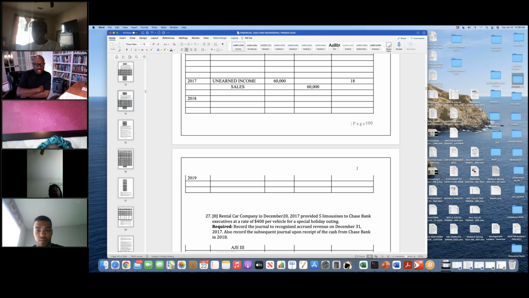So make the adjusting entry, then the subsequent entry to make the payment. Do we have it done?